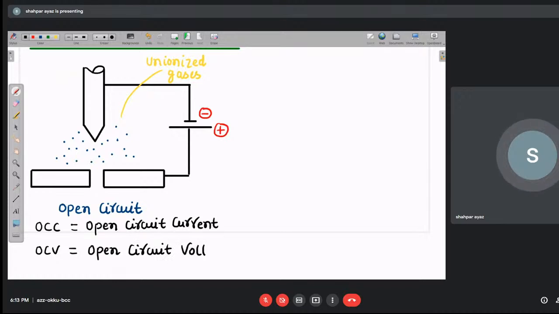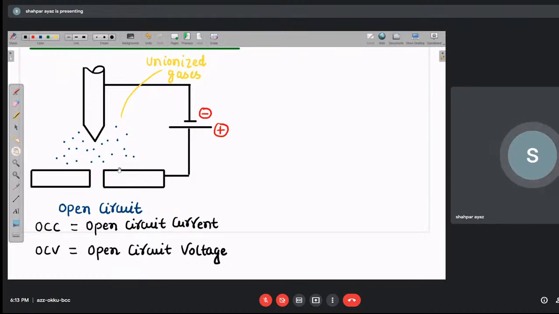So remember, my dear, whenever the circuit is open, the first case, the medium becomes unionized. In that case, there is no flow of current between the electrode and workpiece. Therefore, the value of open circuit current is always zero, right?